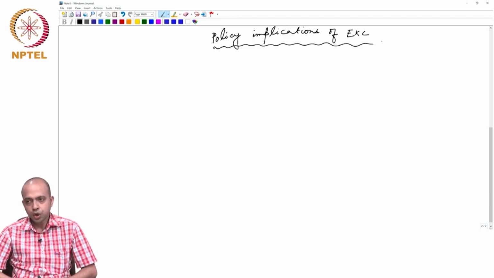Why is this so? Because environmental issues are becoming a part of overall developmental objectives, which was not there earlier.